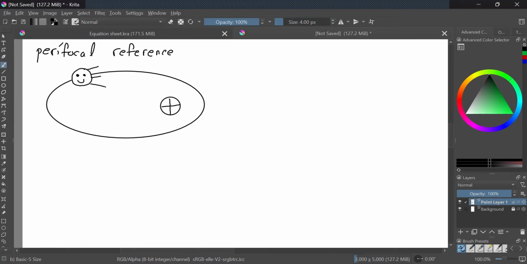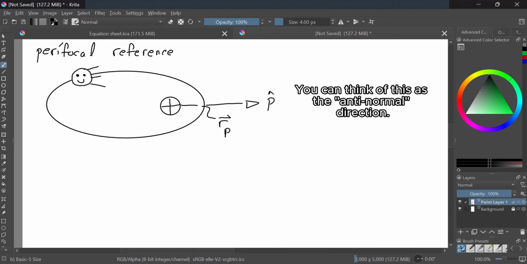Welcome back. So for a perifocal reference frame, we have pointing in the direction of the periapse, p hat. So that is the definition of where p is. It is pointing at all times towards the periapse. 90 degrees to that is going to be q hat.